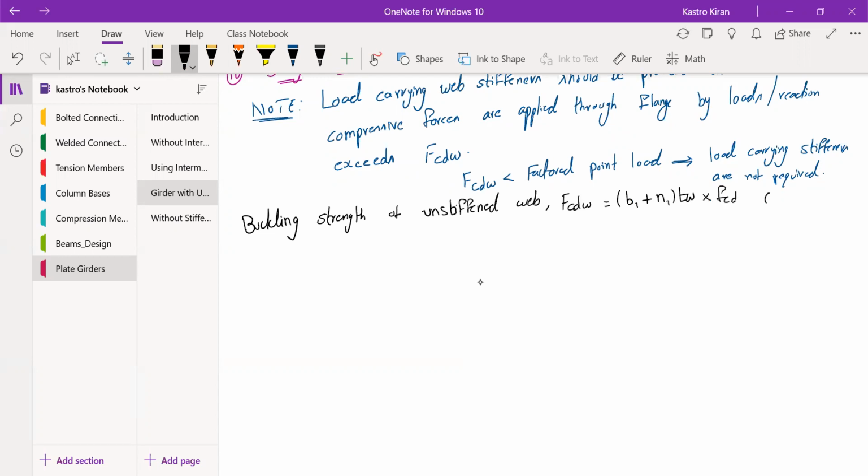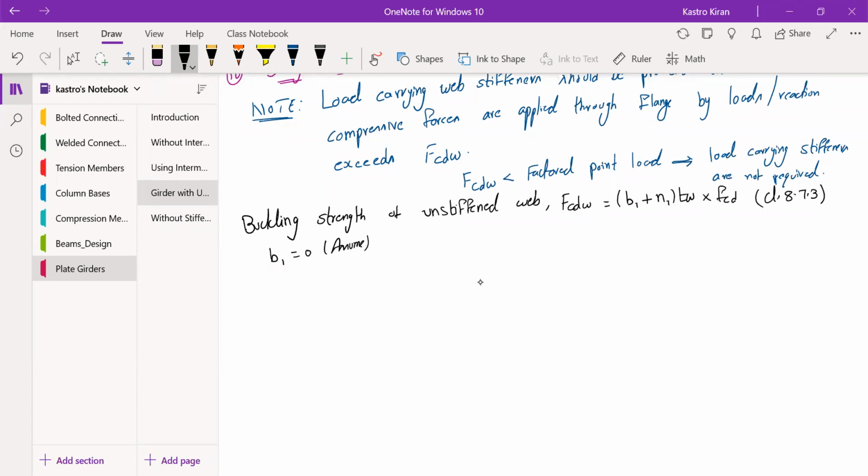Okay, so this formula is available in clause 8.7.3 of IS 800:2007. Now here, when you have the combination of loads, the value of B1 is assumed as 0. Okay, this is an assumed value.